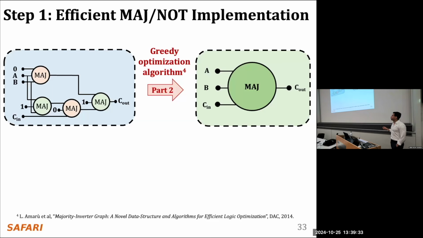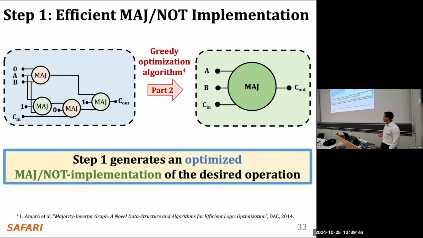So here we move from doing 4 triple row activations to doing only 1 triple row activation if we apply those circuit simplification logic on top of the initial circuitry. So just to summarize, the goal of this first step in the SIMDRAM framework is to generate this optimized majority-NOT implementation of the desired operation.